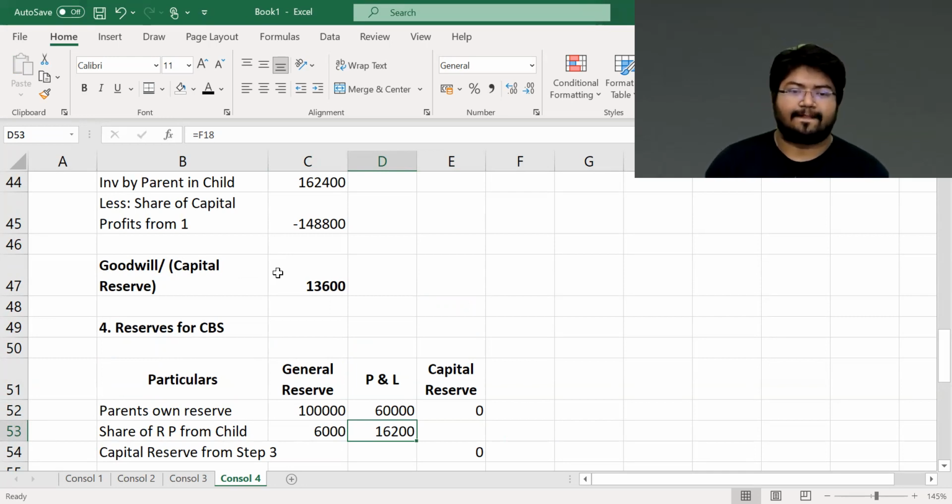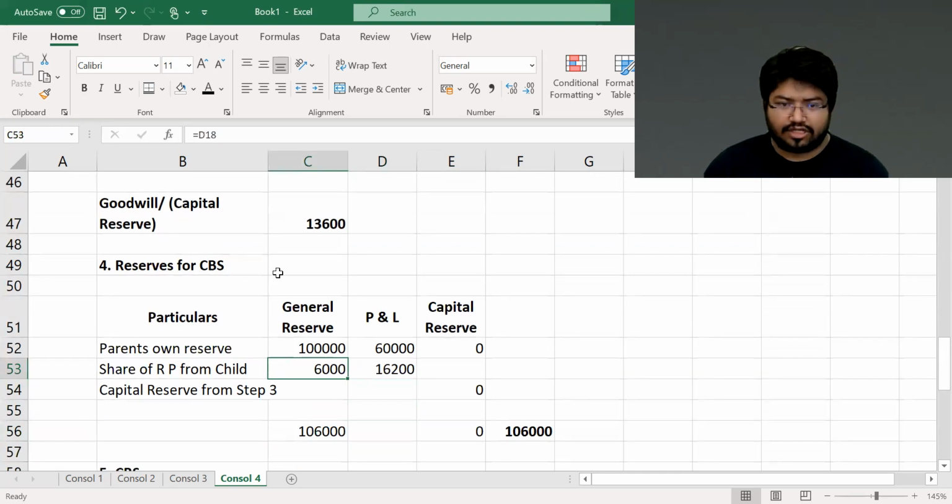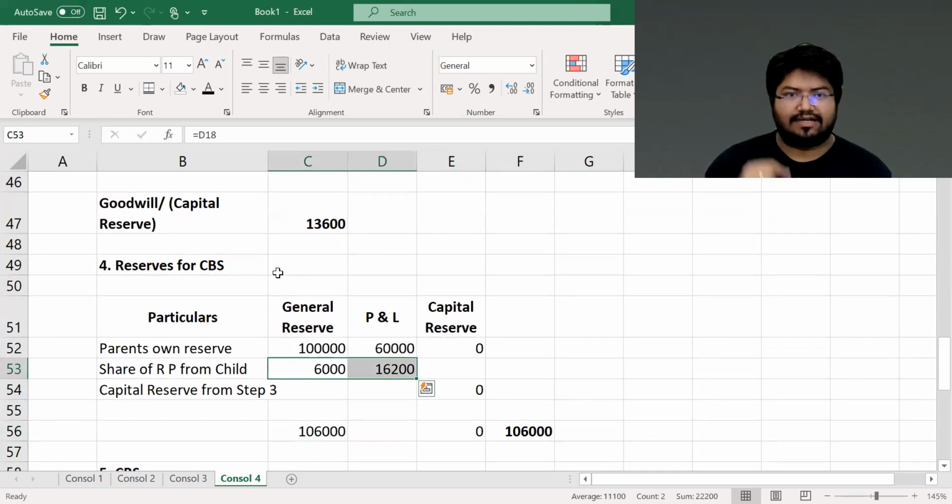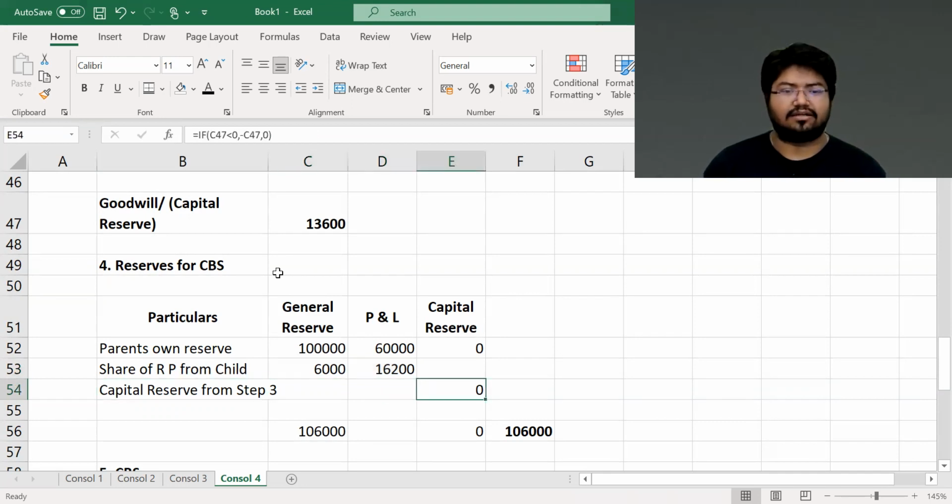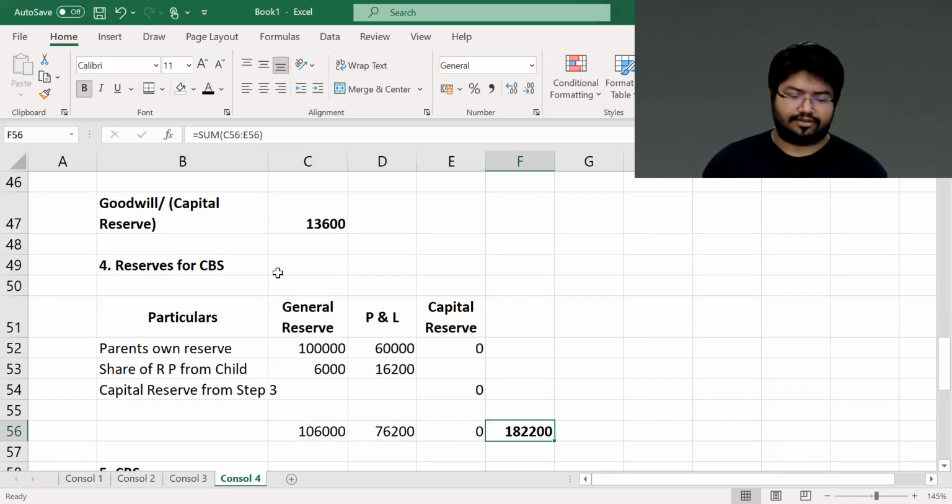Just to give a breakup like this, we have prepared it there itself and brought it here. Then you have capital reserve from step 3. You don't have anything here. You need not write. Please take totals. The total comes to 1,82,200.